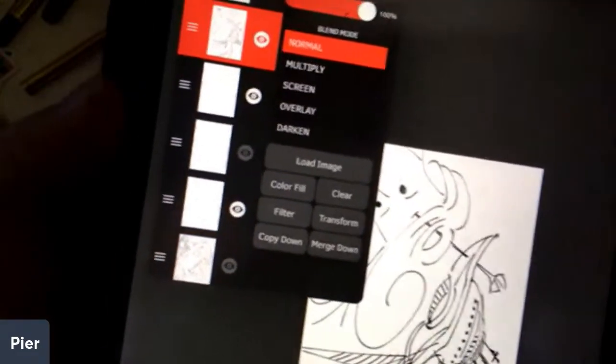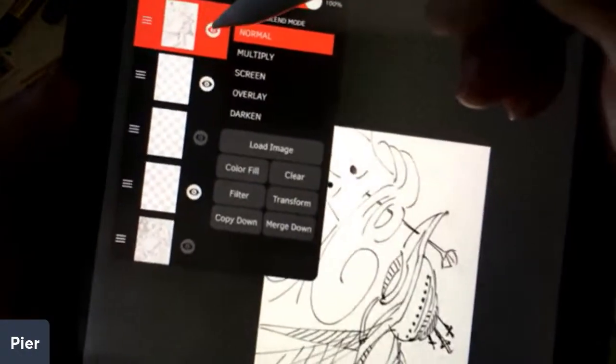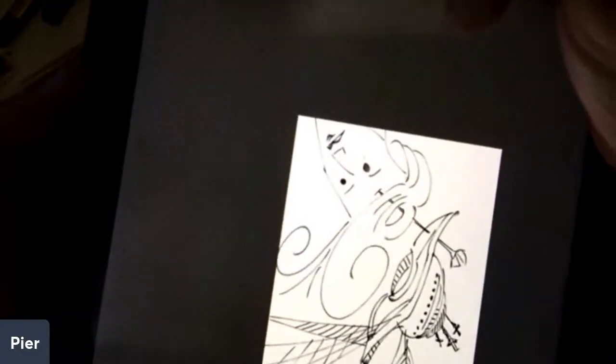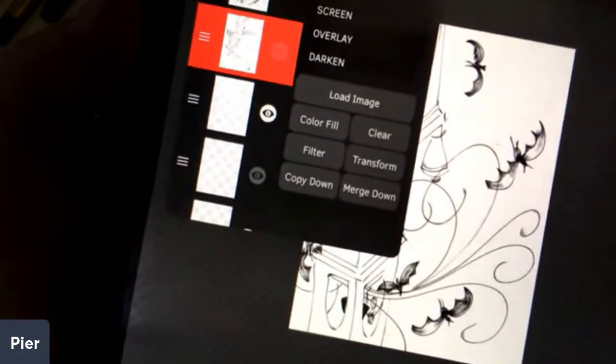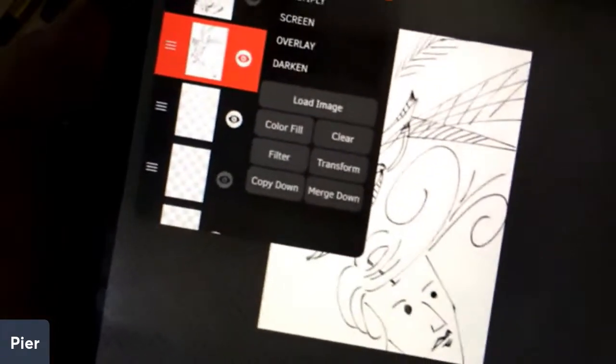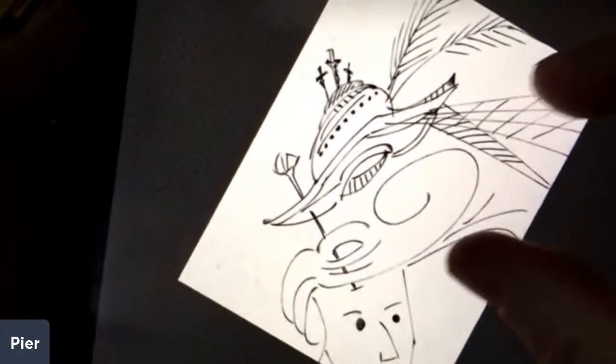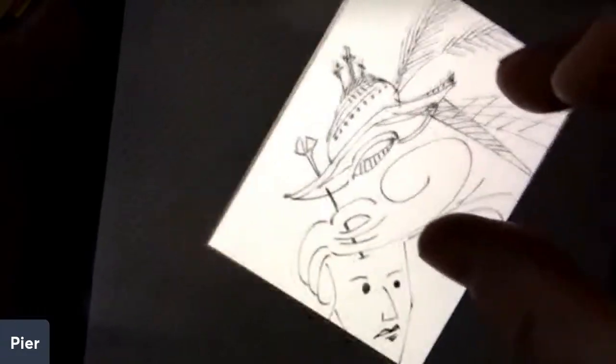Okay, here's this one. So here I had to turn this upside down to make it work. So here is this one, and here's how I made this one work. Oh, I remember this one.